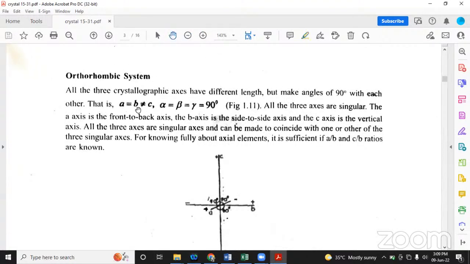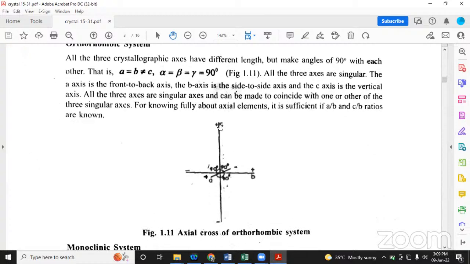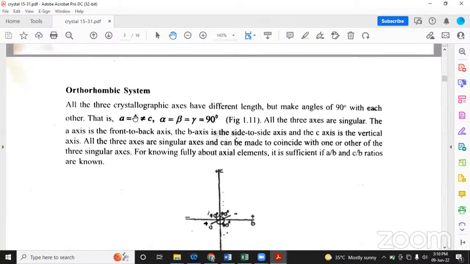A is not equal to B is not equal to C. It means the three axes are not the same length, but the angles are the same. There is a printing mistake here, just cross it out.